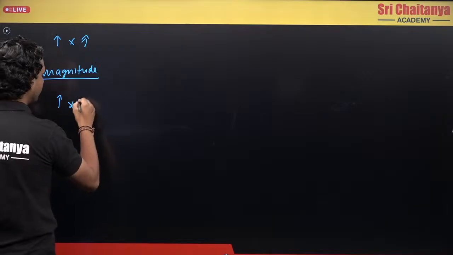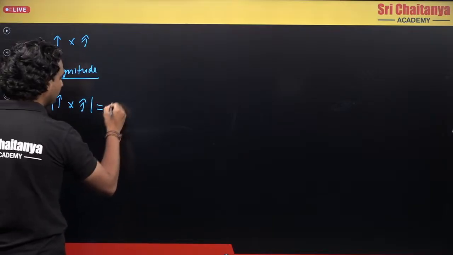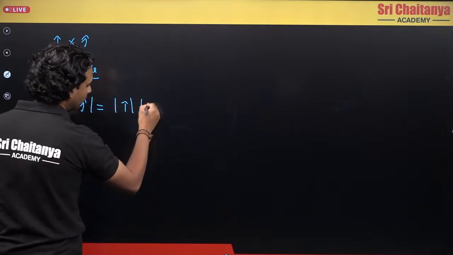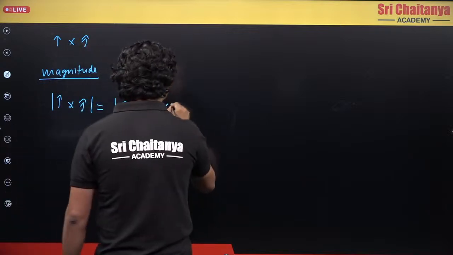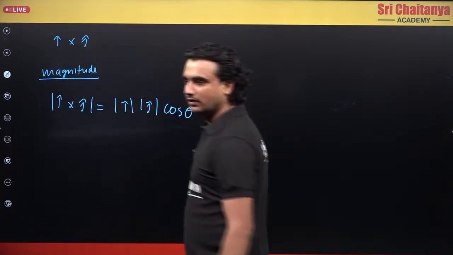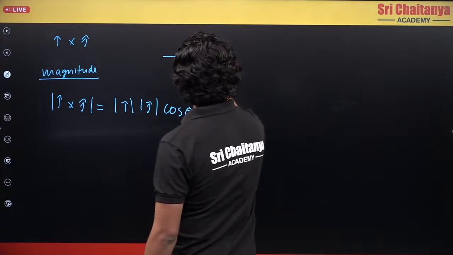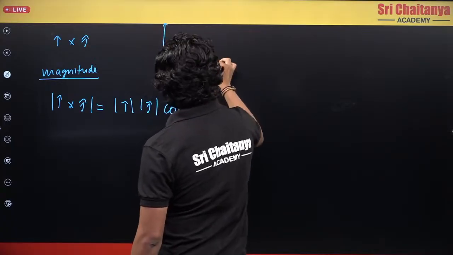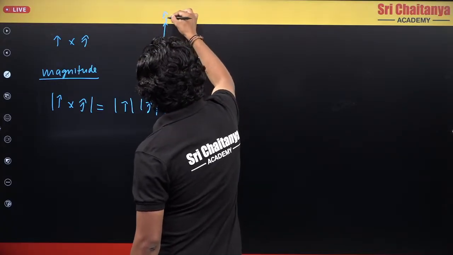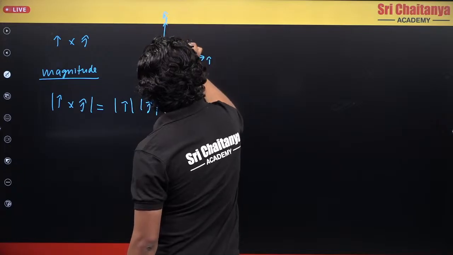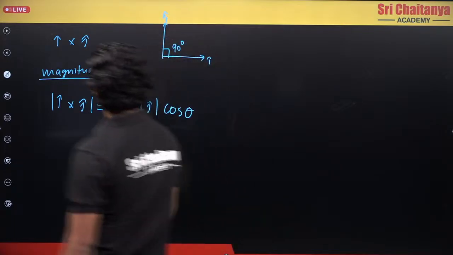The magnitude of i cross j is given by mod i mod j into cos theta. Now what is the angle between i and j? Let's suppose this is my i vector and this is my j vector, and the angle between them is how much? 90. Correct?